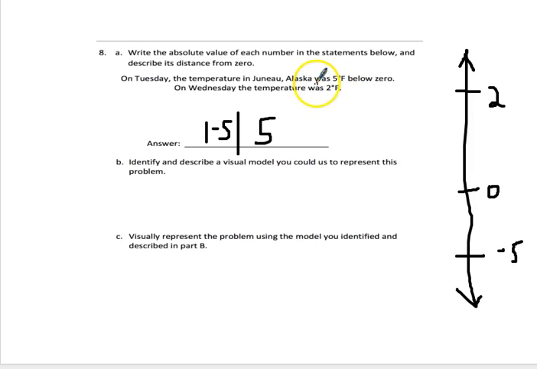And then the temperature was 2 degrees on Wednesday.